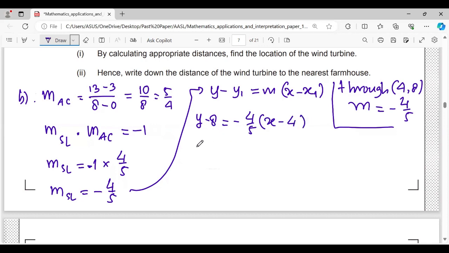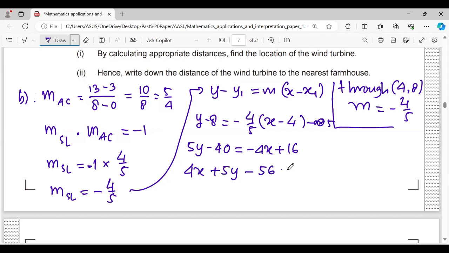Multiply by 5, like 5y minus 40, equals minus 4x plus 16. So it becomes 4x plus 5y minus 56 equals 0. This is the equation.